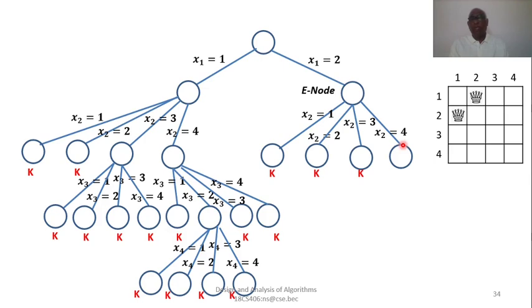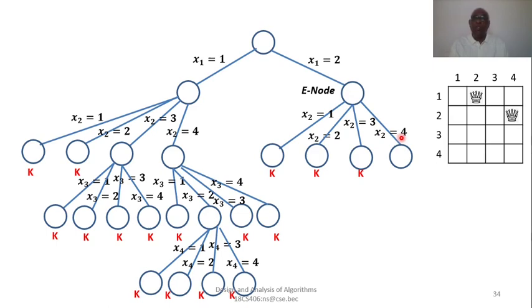This can be seen in terms of board configuration, how x2 equal to 1, 2, 3 violate the bounding function.